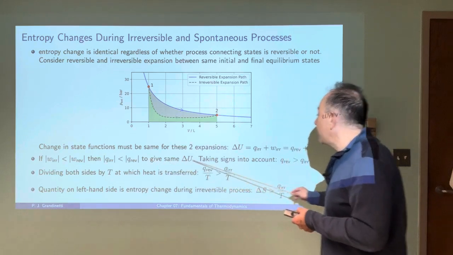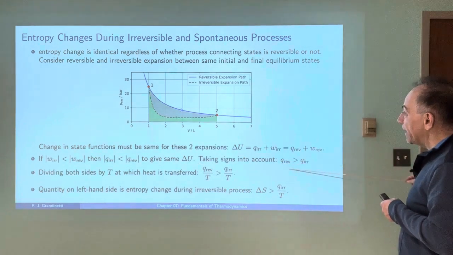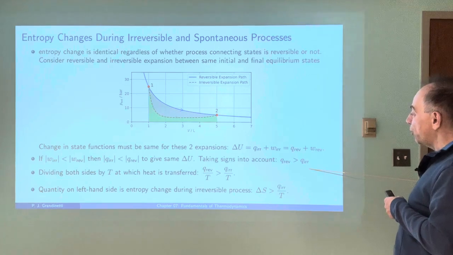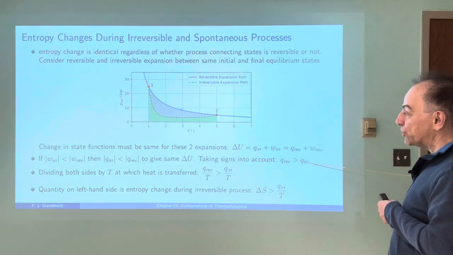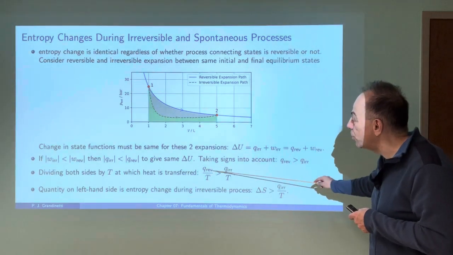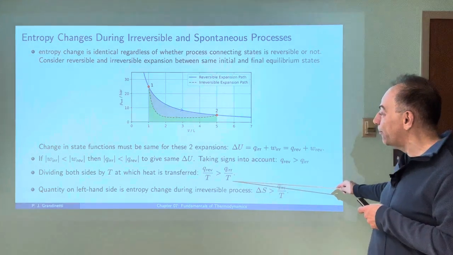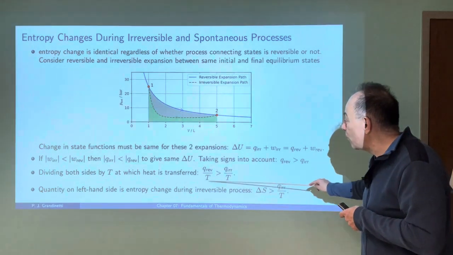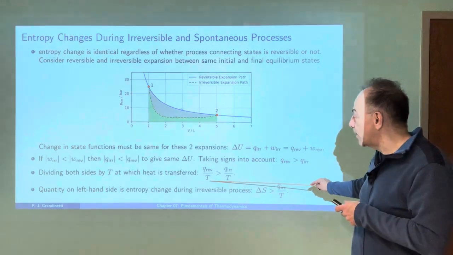So then if we take the signs into account, that means that Q reversible is going to be greater than Q irreversible. And if we divide both of those by the temperature at which this occurs, that gives us this expression where Q reversible divided by temperature is greater than Q irreversible divided by temperature. And this we recognize as the entropy defined for a reversible process.